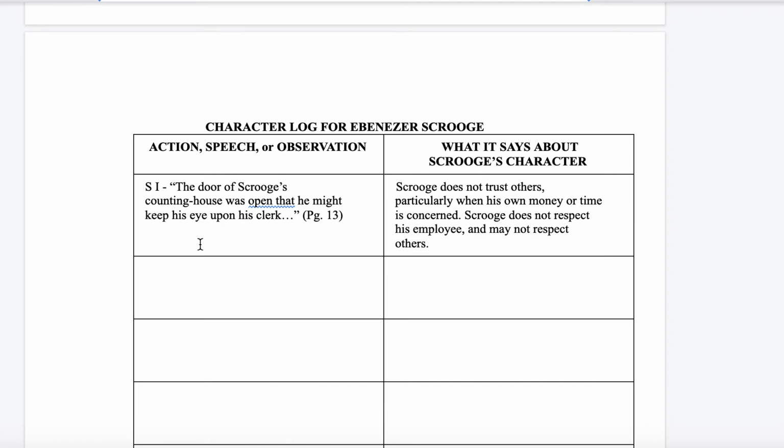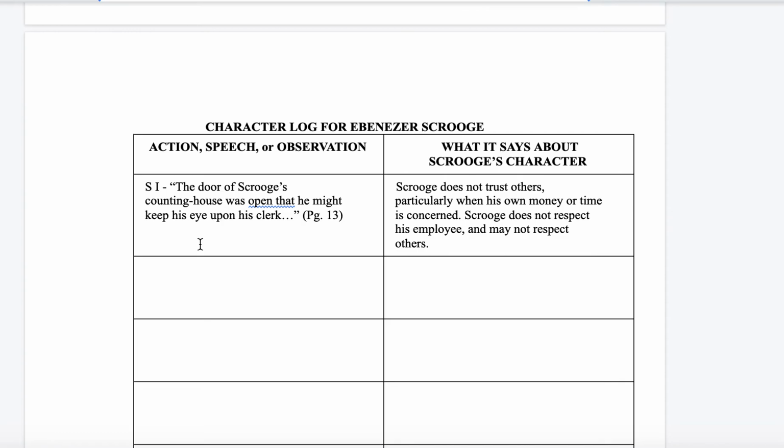That is the mind of a very selfish and greedy person, a very self-absorbed person, a person who doesn't trust other people enough to close the door and let them do their work. Scrooge also is demonstrating by this particular action that he has no respect for his employee, for the fact that his employee could probably work better if he wasn't being watched like an eagle.